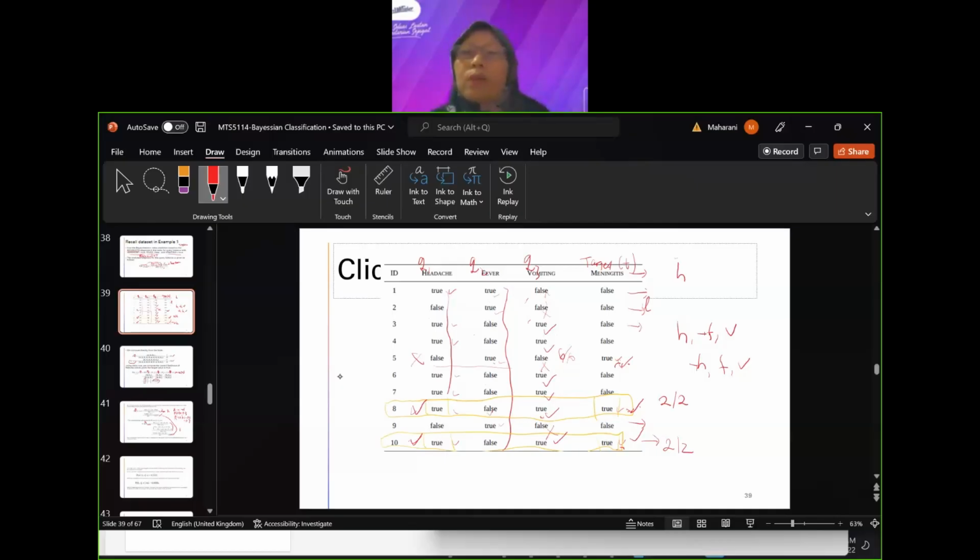What is the probability of people getting meningitis with this condition? Also another one, if the patient has headache, fever, and vomiting. We don't know yet. You can compute that by following the same rule, the same formula. Or not all of them. Is there any here where everything is false? False. Oh, there isn't.